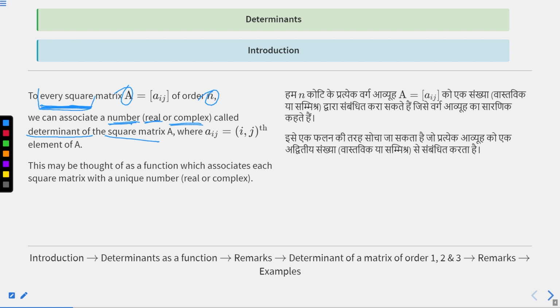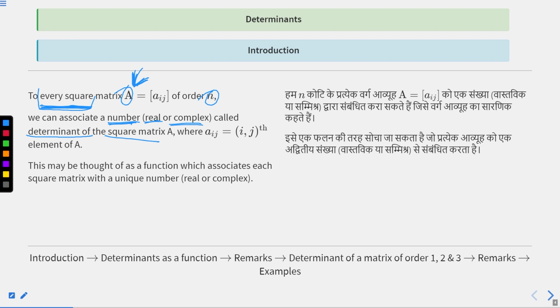How we are going to describe that number, you will see later. So far I hope it is clear what determinant means. A determinant is nothing but, if you have a square matrix, then you can associate a number to it, and that number will be unique.